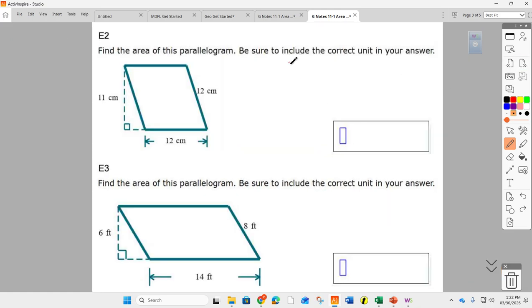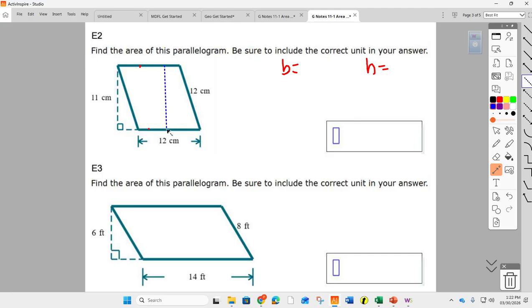Okay. So sometimes they give you that height on the outside, sometimes they give you that height on the inside. What's the base of this triangle, Justine? 12, yeah. So this dotted line is indicating the height, the length from this side to this side. Well, that would be the same as if they drew it in here. It doesn't matter.